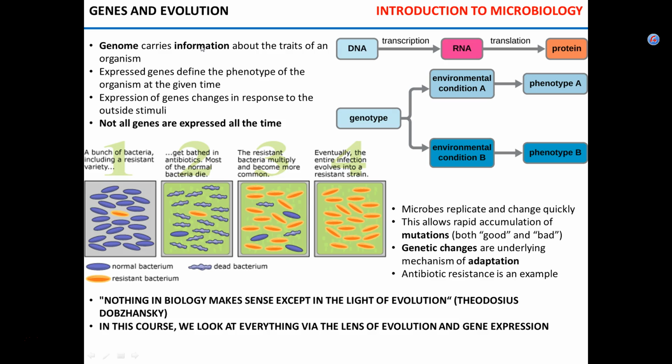Somebody else may have other things, pancreatitis, God forbid, or a gastric ulcer or asthma. It's all about expression of those genes. Does that make sense?